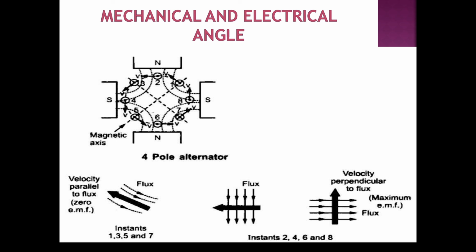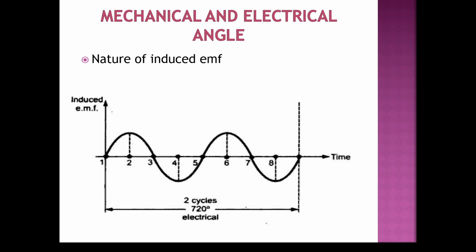Let us consider a 4-pole alternator in which we can see at positions 1, 3, 5, 7 minimum EMF is induced, and at positions 2, 4, 6, 8 maximum EMF is induced. So here there will be two cycles, that is 720 degrees electrical.